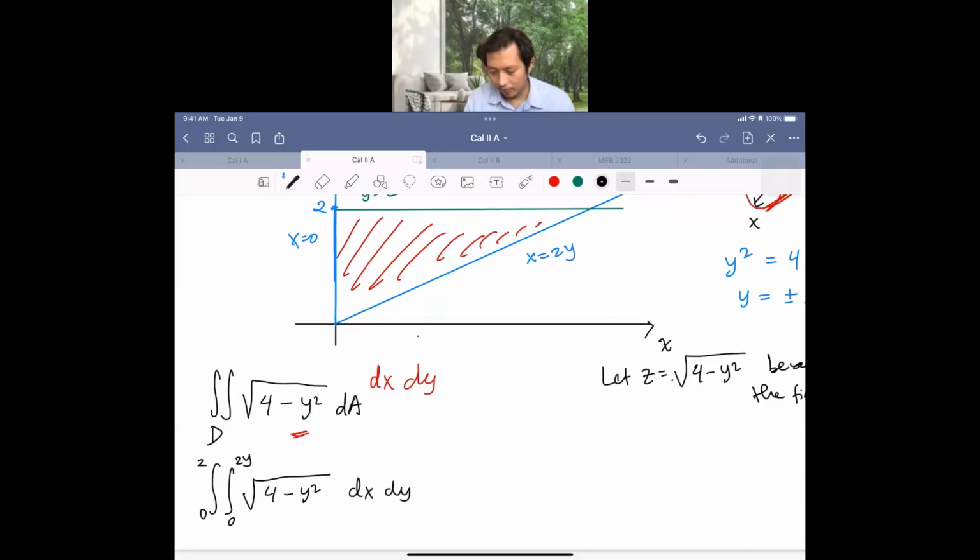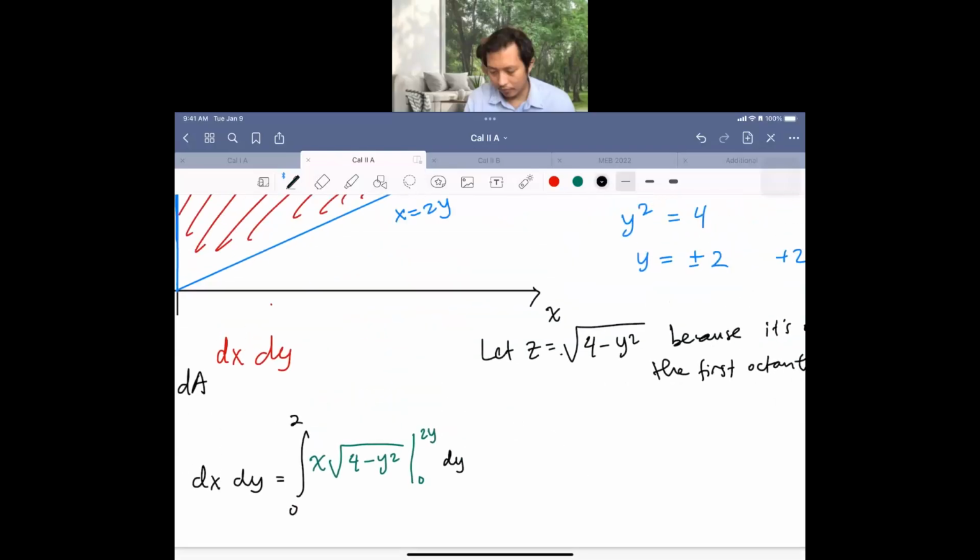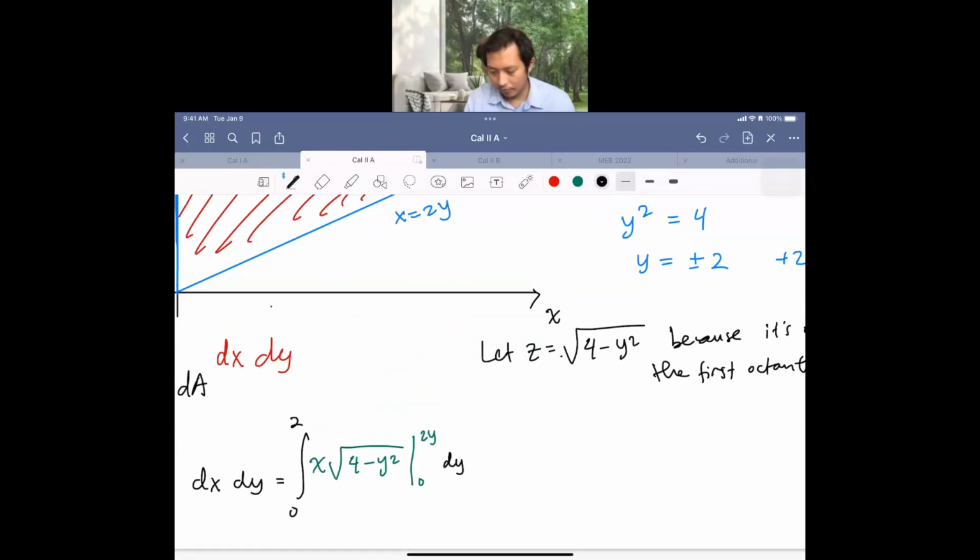Okay. So we take 0 to 2, and x times the square root of 4 minus y squared, from 0 to y, and then dy. So take inside 2y, and we can solve this through substitution. So with substitution, u is 4 minus y squared, du is negative 2y dy.